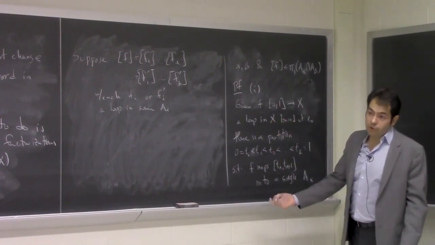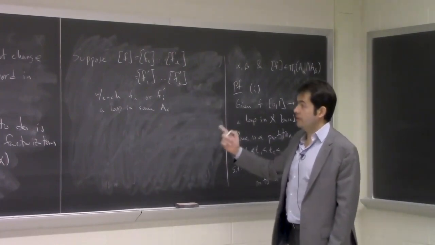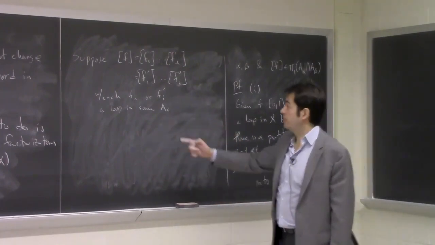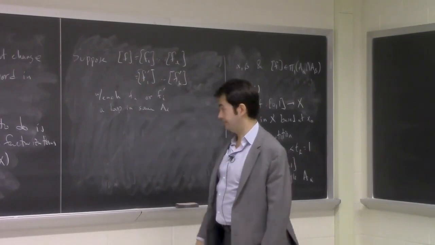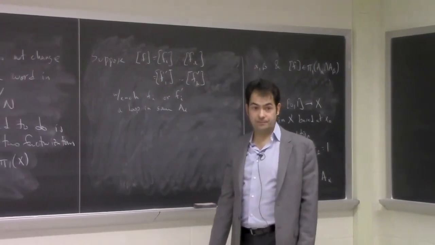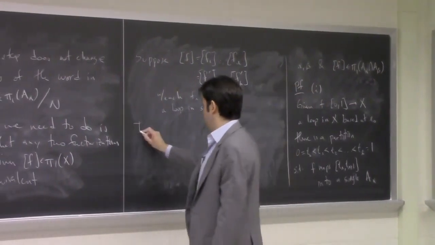Okay? So first, we do have a homotopy between them in X, because they do represent the same class in the fundamental group of X. Right? So there is a path homotopy.